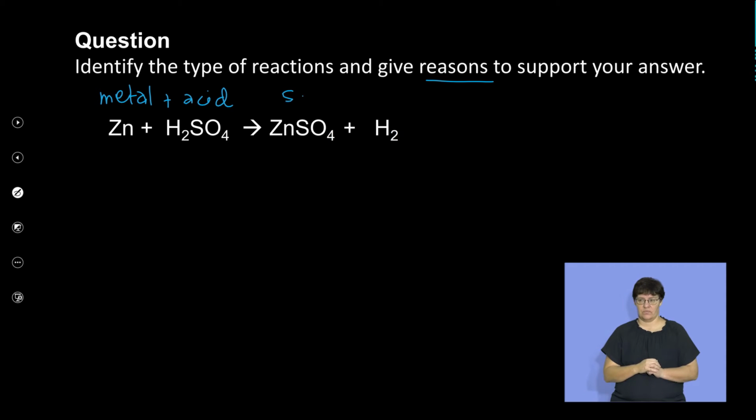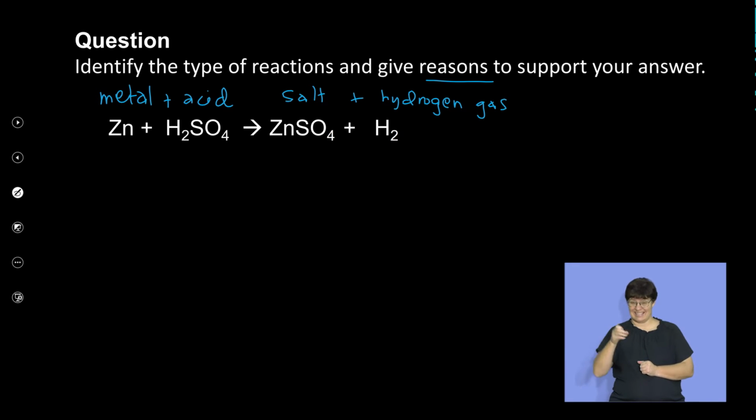We are getting a salt plus hydrogen gas. But what is important here is that we also need to keep track of the changes in the oxidation numbers of these substances, right? So what are we saying here?